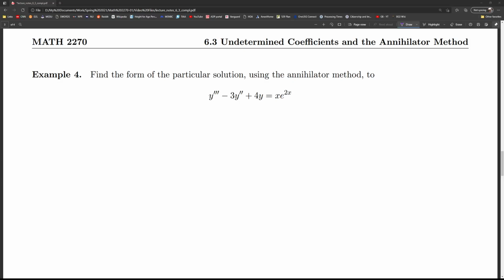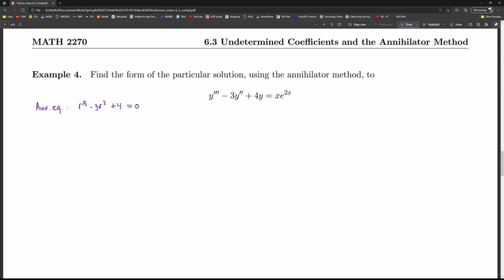And so we're going to take a look at the auxiliary equation. The auxiliary equation is r cubed minus 3r squared plus 4 equals 0.